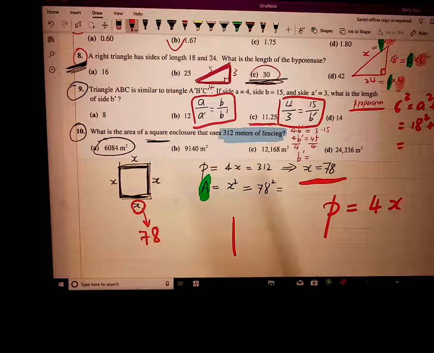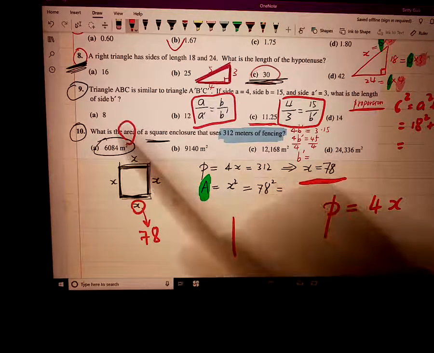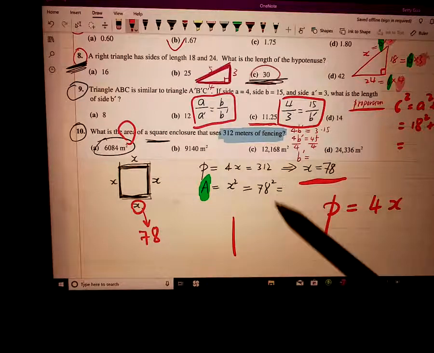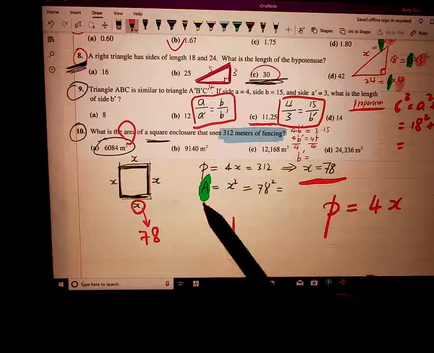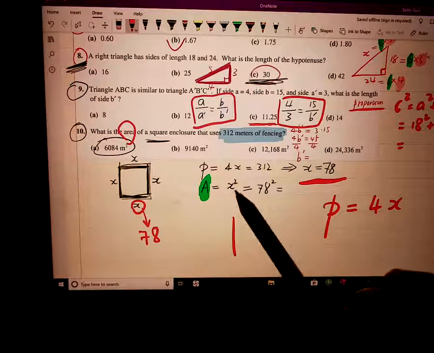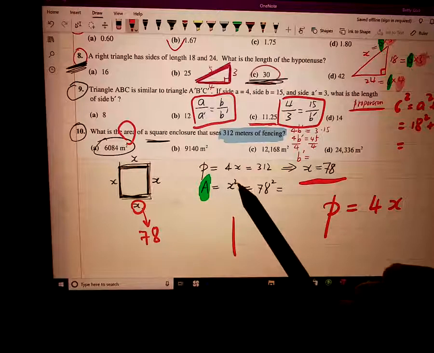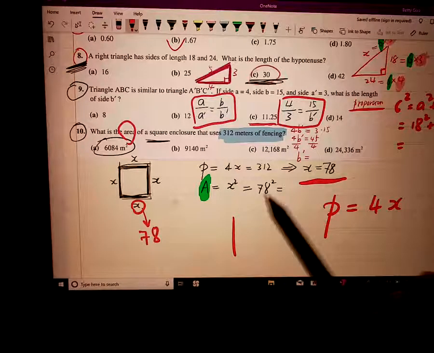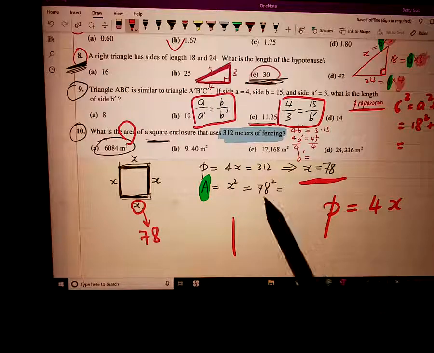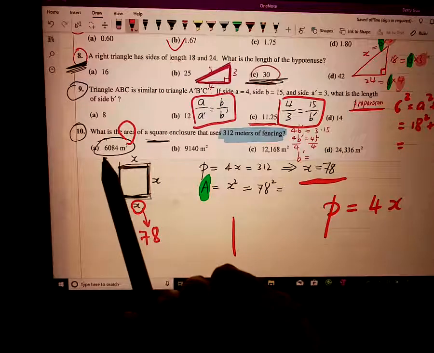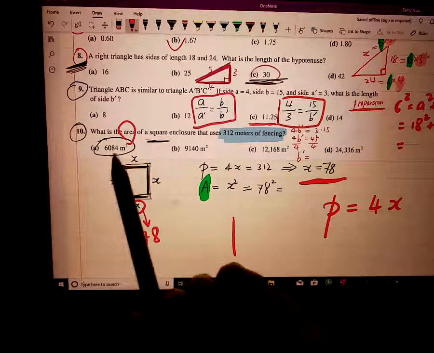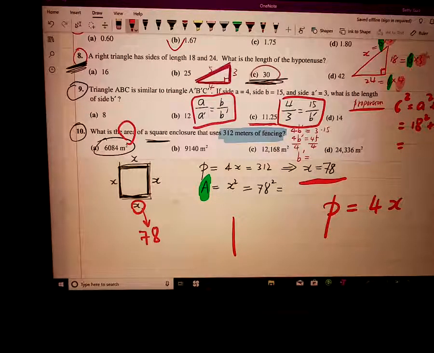We are looking for the area of the square. We know the area of the square is the side to the power of 2, the square of the side. So that is the square of 78. Use your calculator. You know the square of 78 is 6084 meters squared. Alright, so number 10, you're going to apply the formulas for the perimeter of a square and the area of a square.